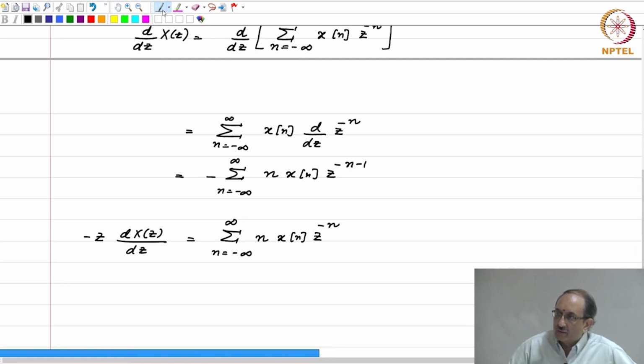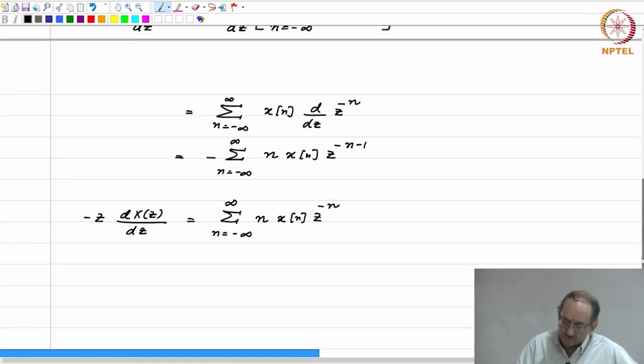Therefore, this has to be the corresponding Z transform.